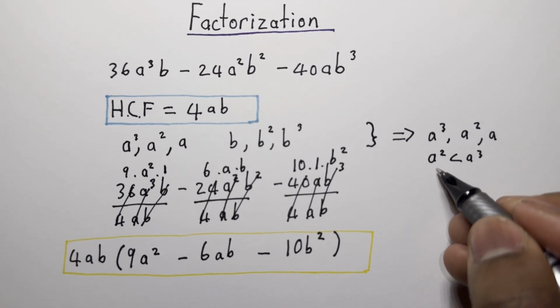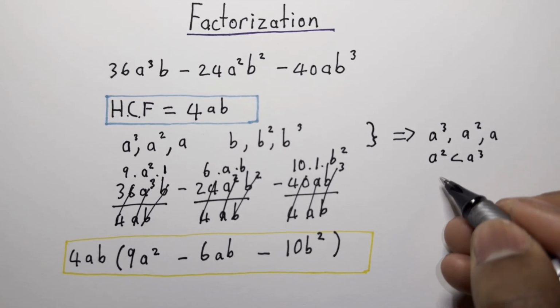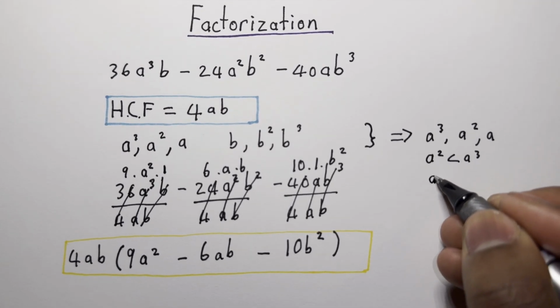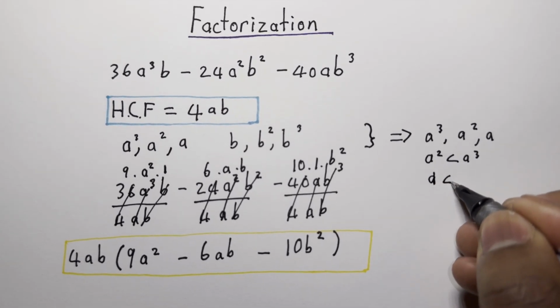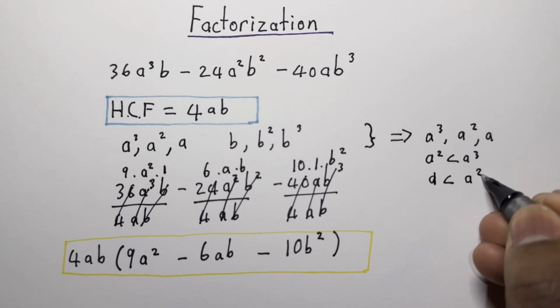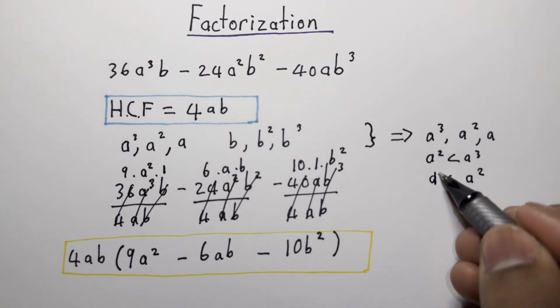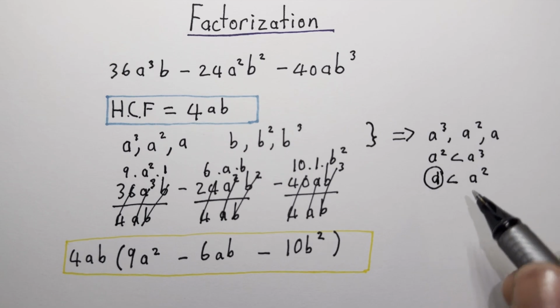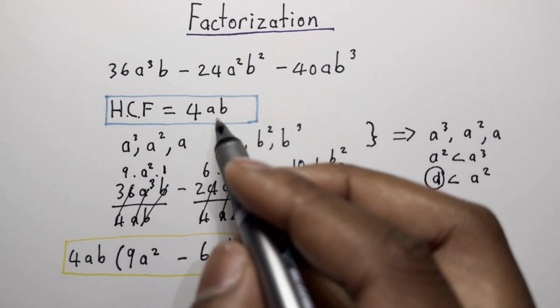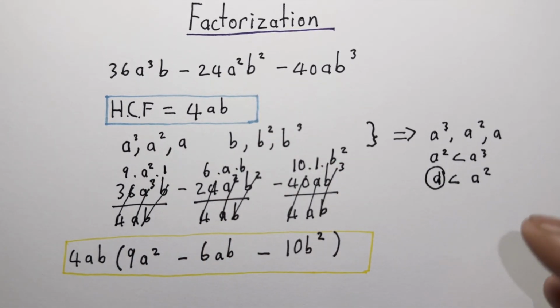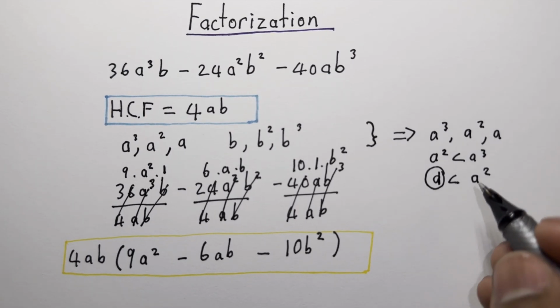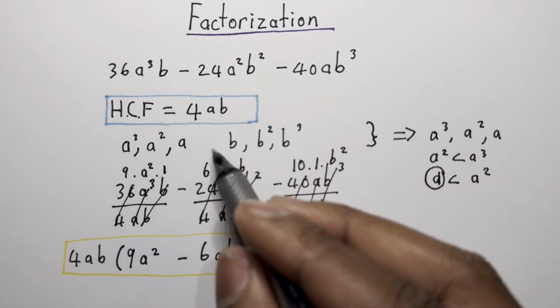Then we have to say a is less than a squared. And we chose a because we always choose the smallest value for the HCF when we are dealing with the variables. So that's how you show working for this section.